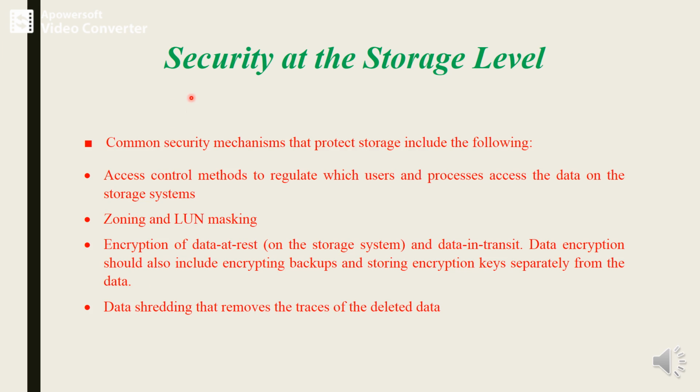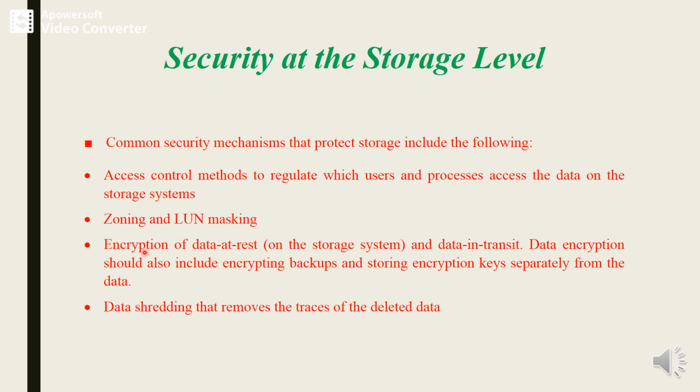Last is security at the storage level. How can we give security at the storage level? Common security mechanisms that protect storage include the following. First is the access control method to regulate which users can access the data from the storage system. The second method is zoning and LUN masking.